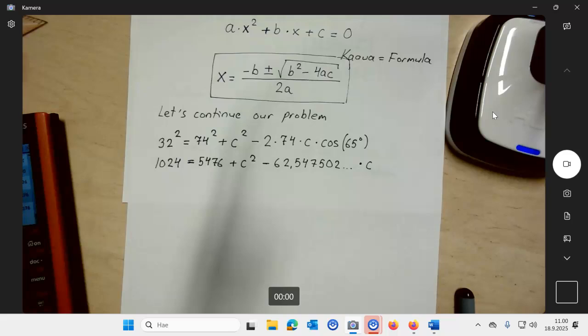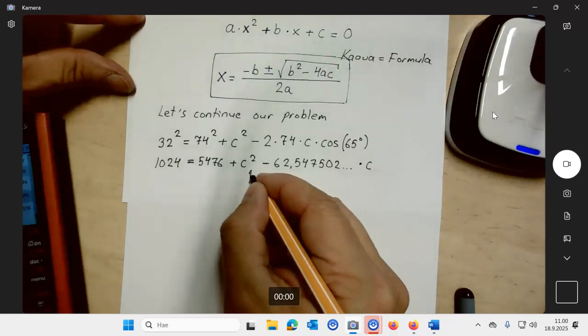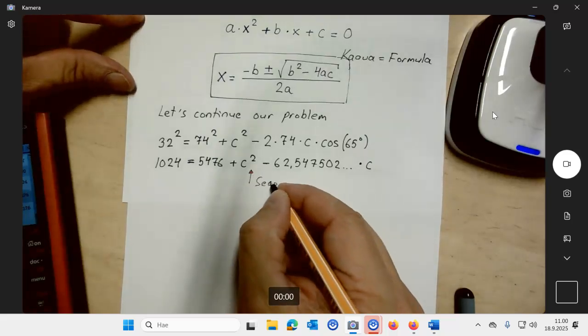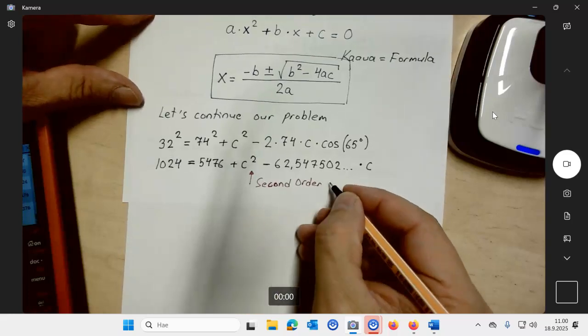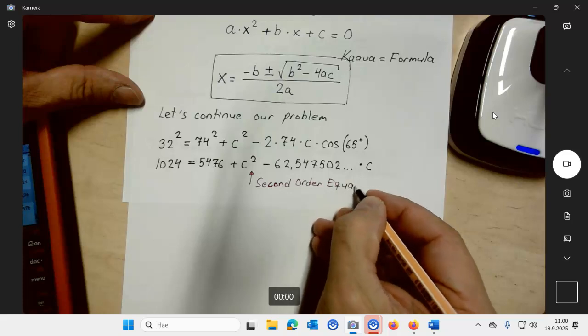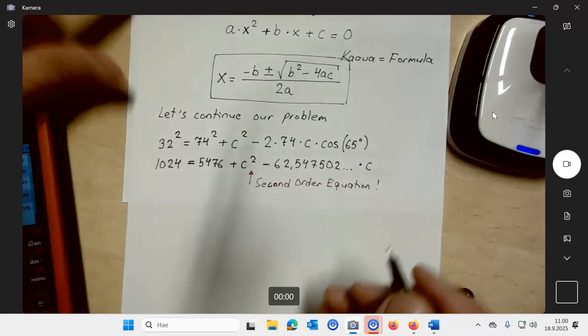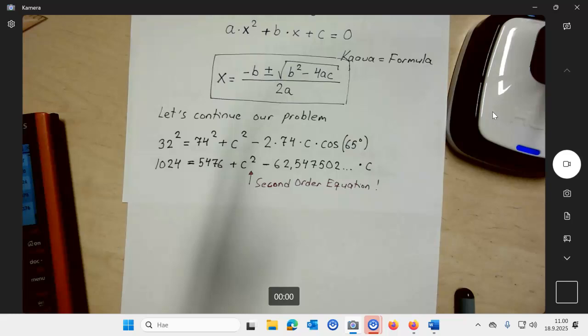After this, we notice that this is a second order equation. So it is most useful to solve it so that we move everything to the left hand side or everything to the right hand side.